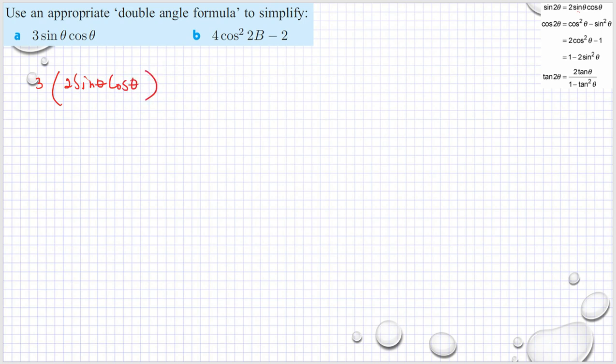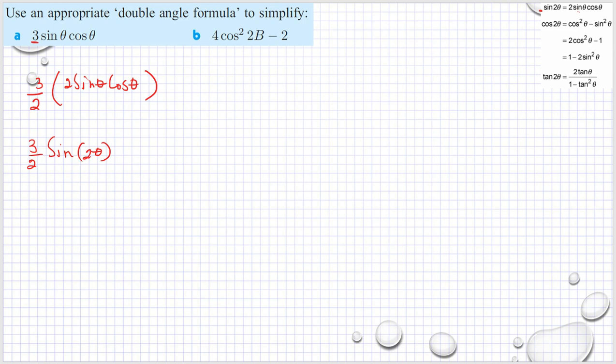But we have now 6, so what I can do is divide it by 2, so that I will go back to the original given constant, which is 3. Then we know that 3 halves, then we have 2 sine theta cosine theta, which is now sine 2 theta.